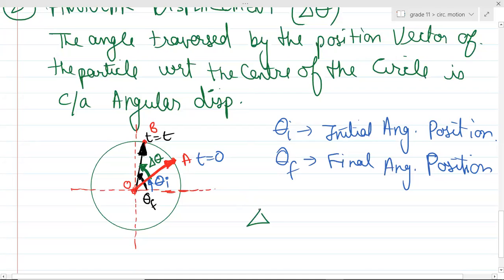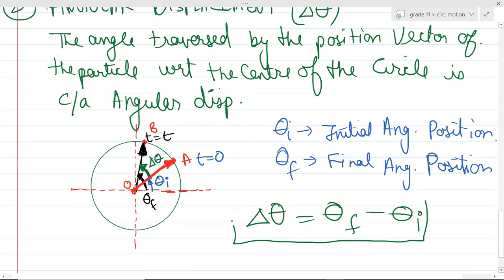This delta theta will be equal to theta final position minus initial position. This is basically the angle swept in certain time t. This angle is called the angular displacement. Here, please write down.